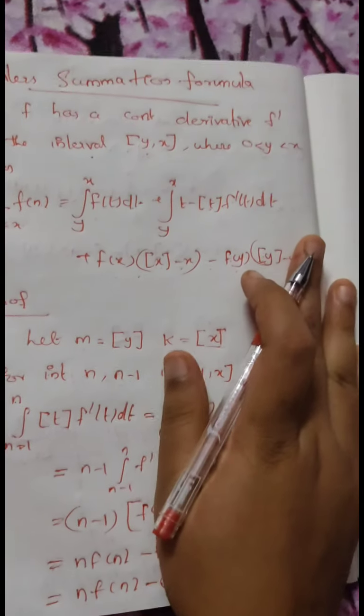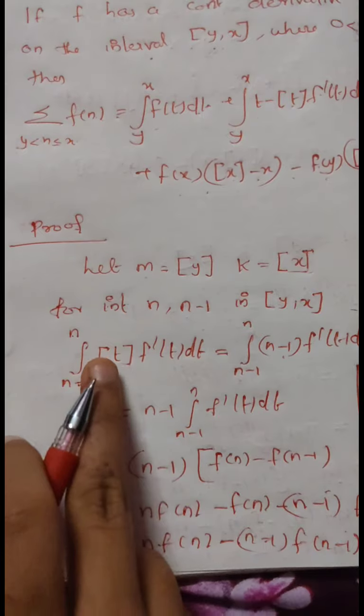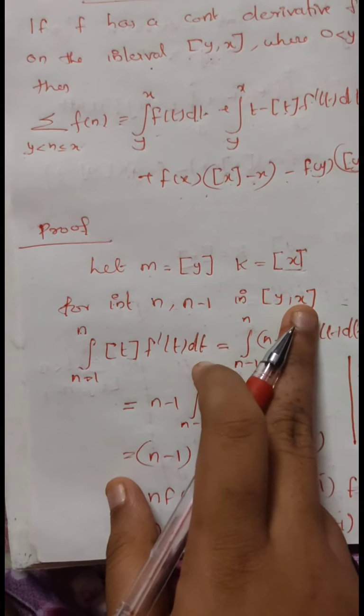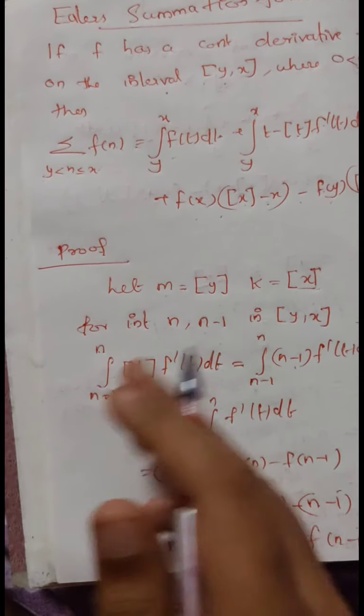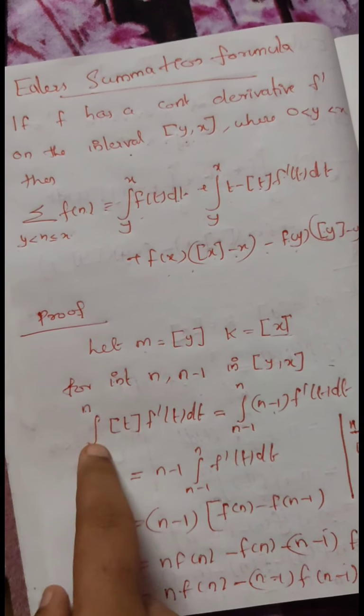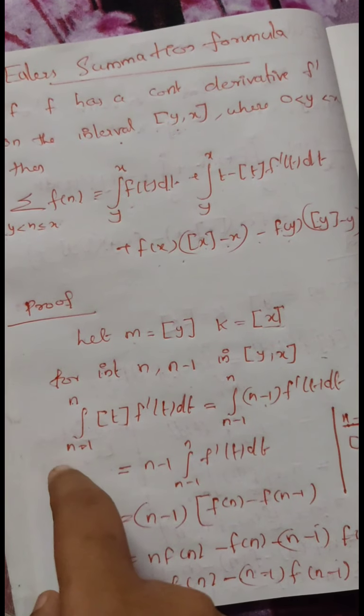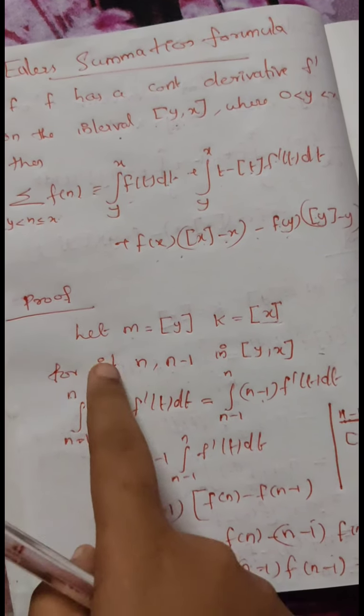But we have to calculate for m to k. Here we have only taken two integers in this closed interval [y, x]. Now we are calculating for m to k. So we can sum the integrals from m to m plus 1, m plus 1 to m plus 2, and so on up to k minus 1 to k.